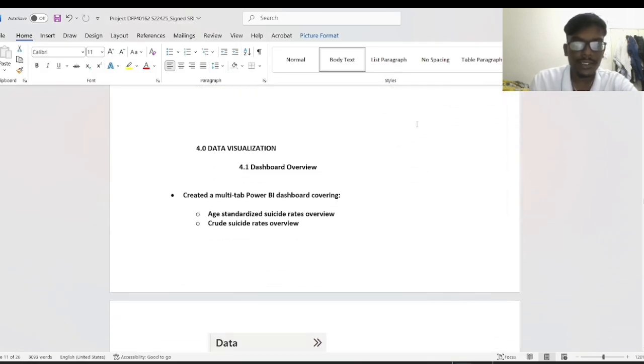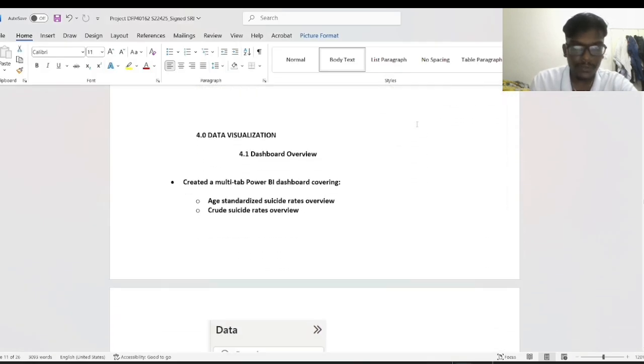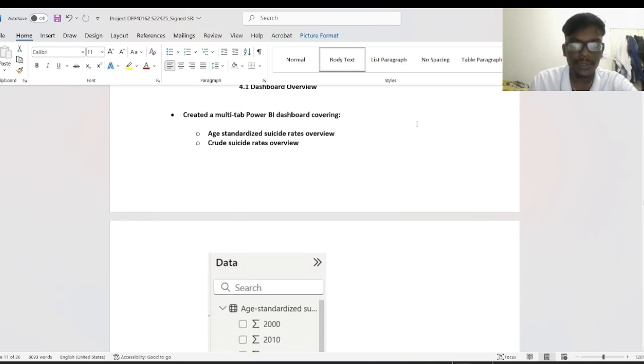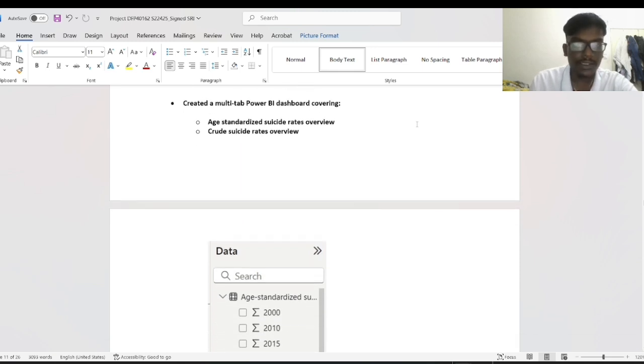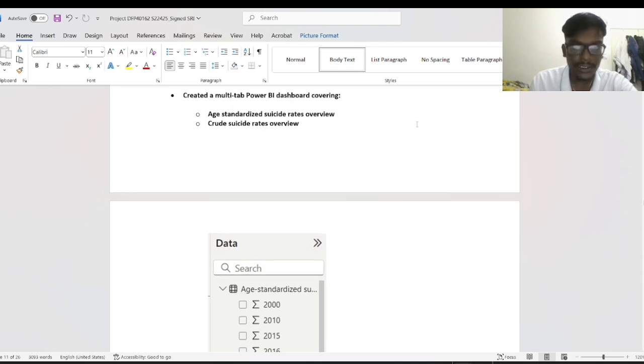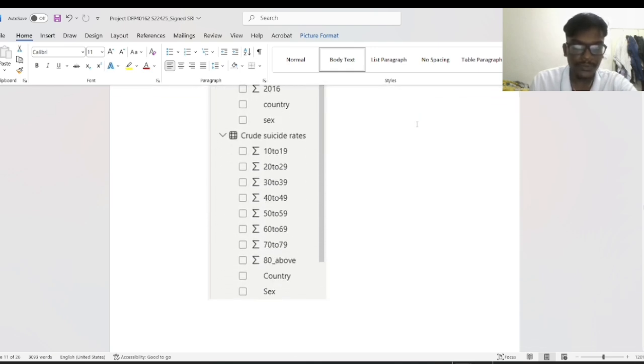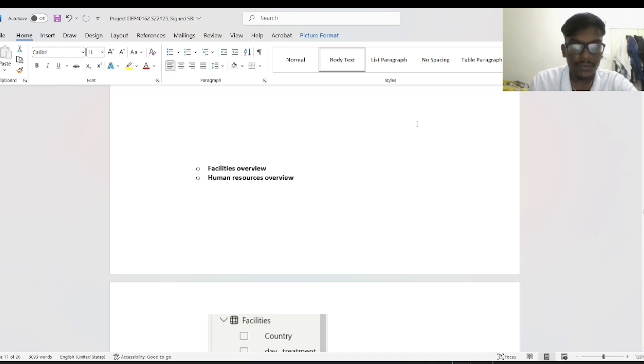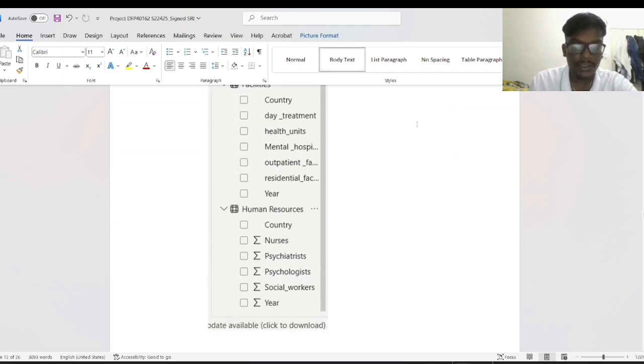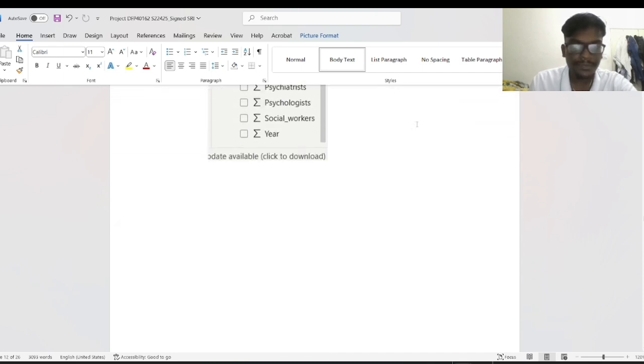And for the data visualization, for the dashboard overview, we create a multi-tab Power BI dashboard covering the age standardized suicide rates overview and group suicide rates overview. And for the facilities overview and human resource overview, this is the example.